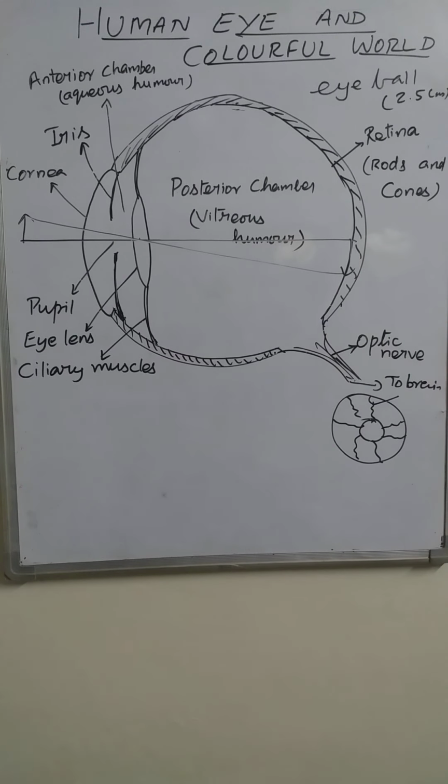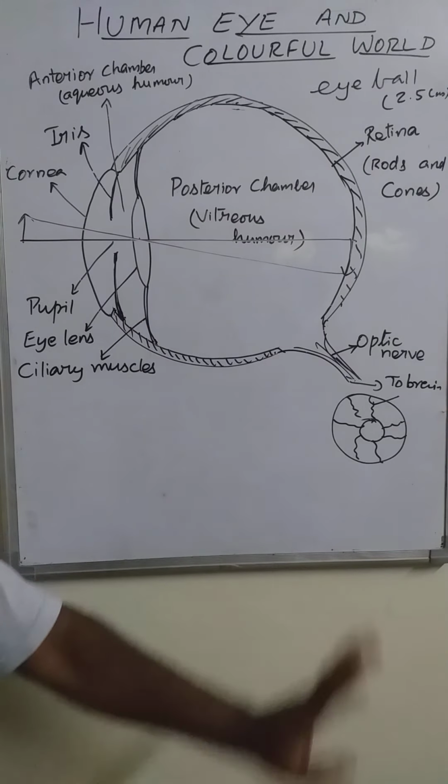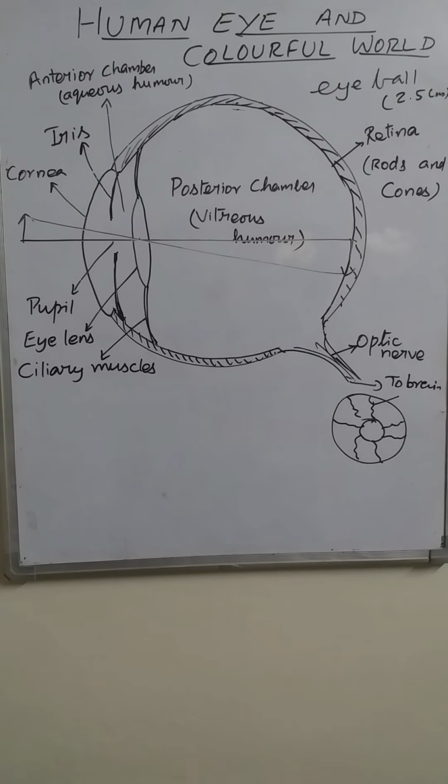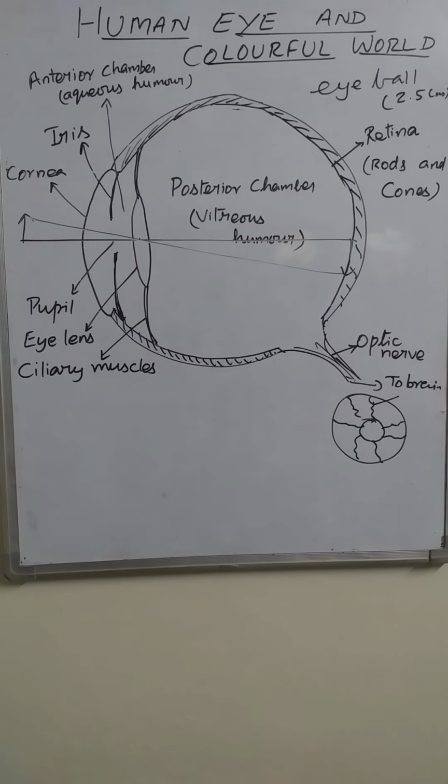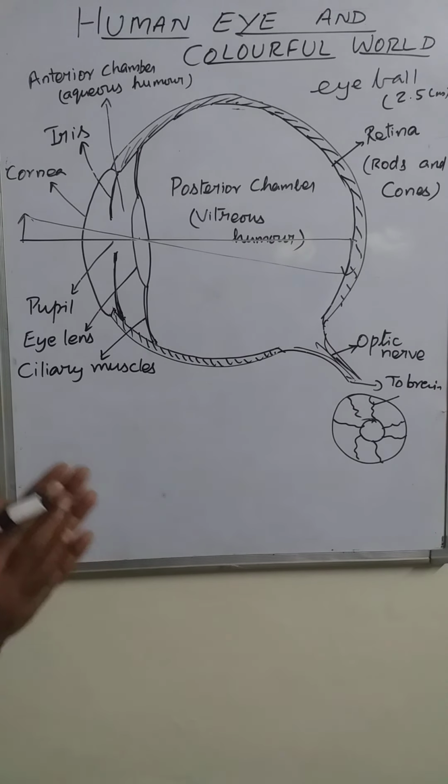Then there are some terms related to the human eye. The first one: the image formed on the retina exists on the retina for some time.